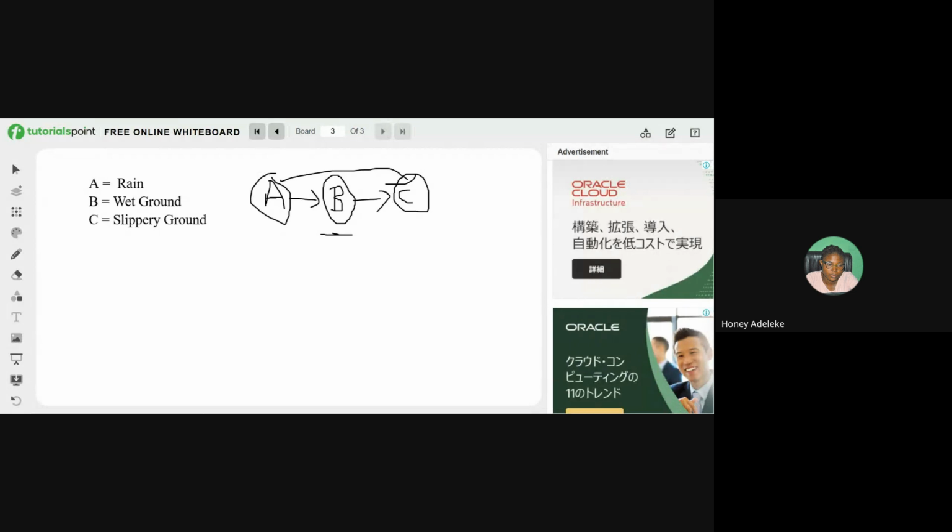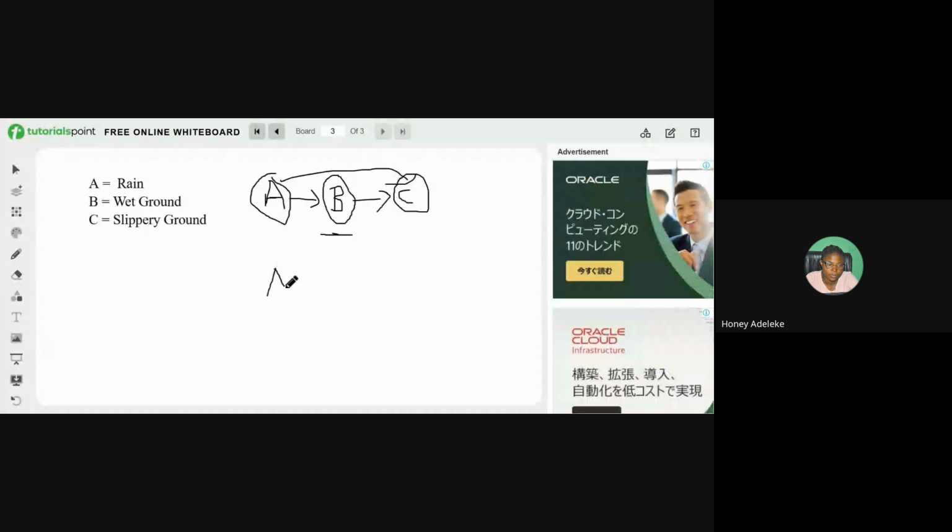Then if we move to the fork, the direction is going to be like this. Don't forget that I already told us that regardless of the direction, once there is a connected edge between two nodes, then we can say that it is called a path.